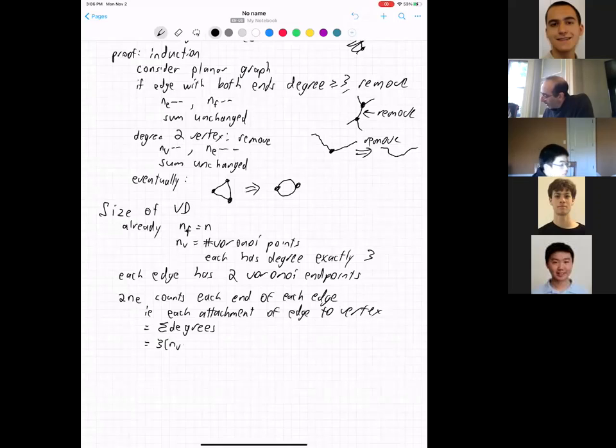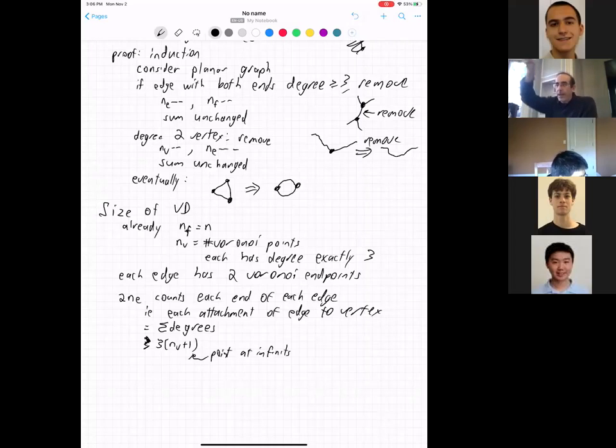So here I write NV plus 1. Now why did I write plus 1? Because of the point at infinity. But the point at infinity may have a larger degree, so I actually need to put a greater than or equal to here. You saw there were tons of lines heading off to infinity, so its degree is going to be larger.